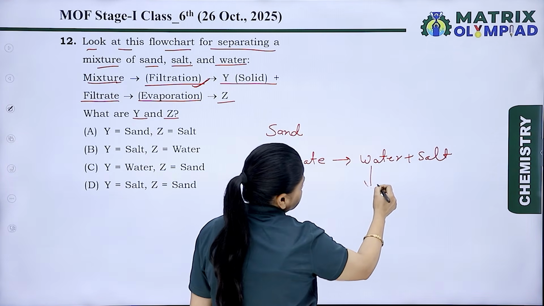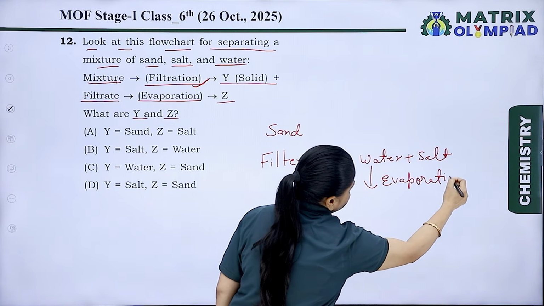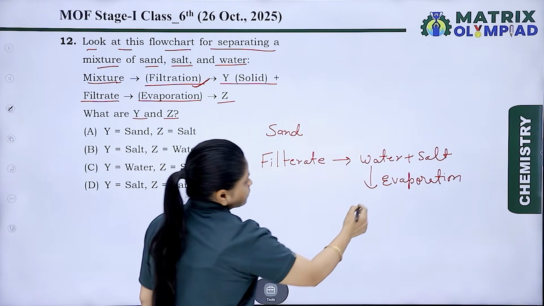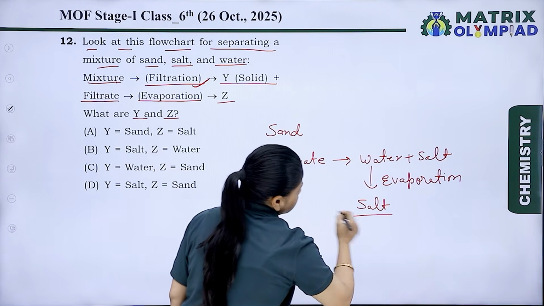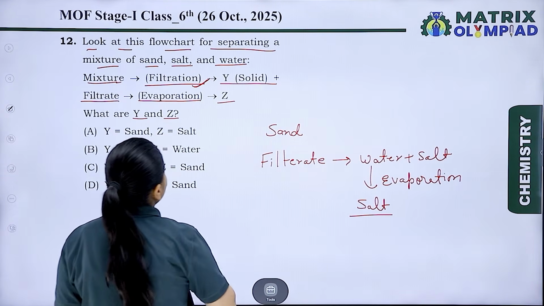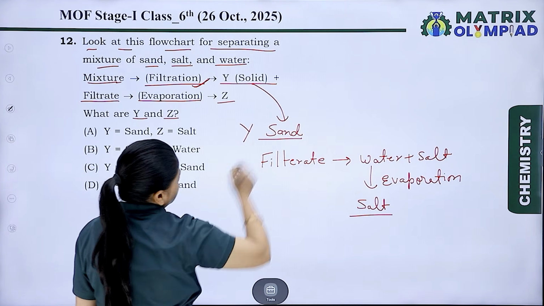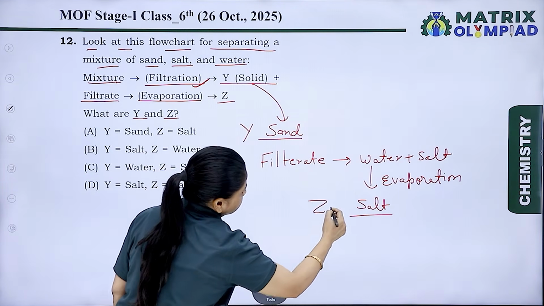Now after evaporation, water is evaporated and salt is present as a residue. So according to this, Y will be sand and Z will be salt.